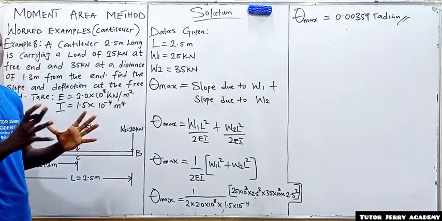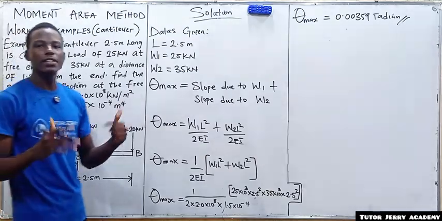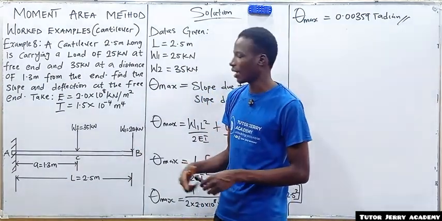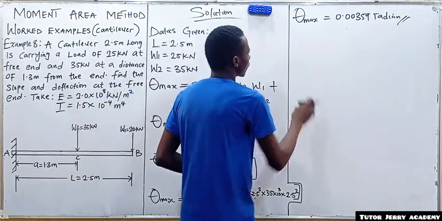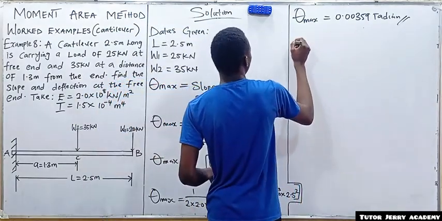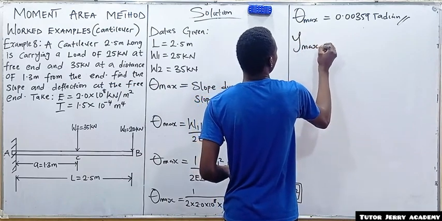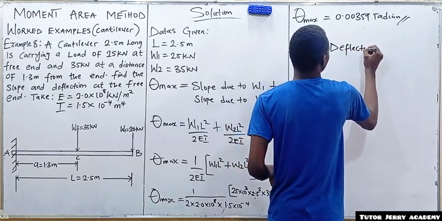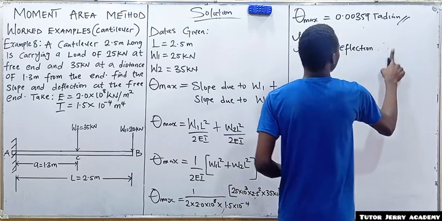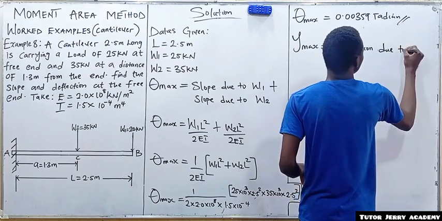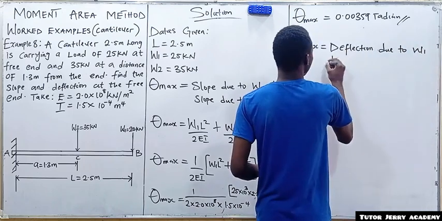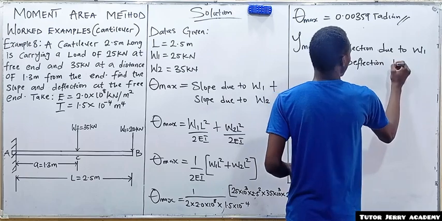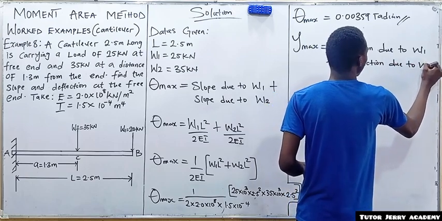So now if we sum them together, we are going to get the total deflection at B. So our y max will be equal to deflection due to W1 plus deflection due to W2.